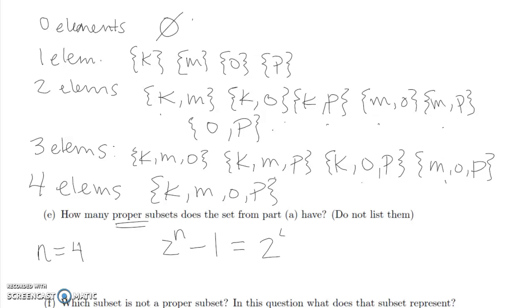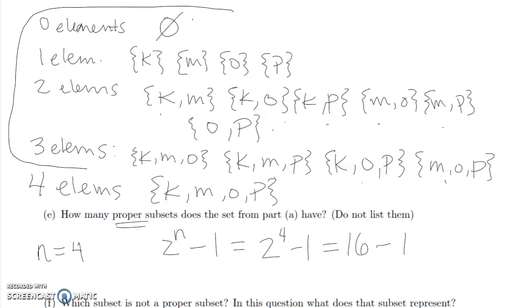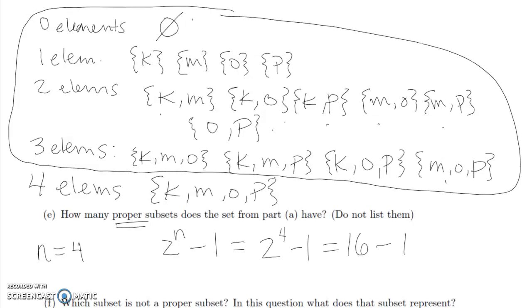So this will be 2 to the 4th minus 1. So 16 minus 1. If we're asking ourselves which ones they are, remember, it's everything except the one that is equal. So these would be our 15 proper subsets. Would be everything except KMOP.